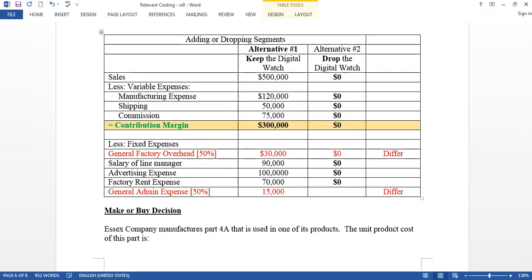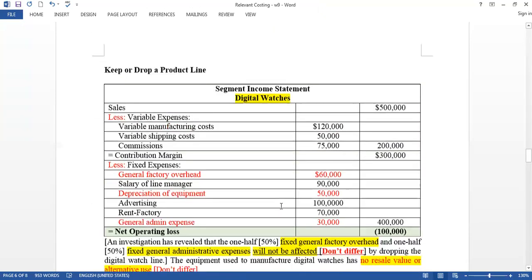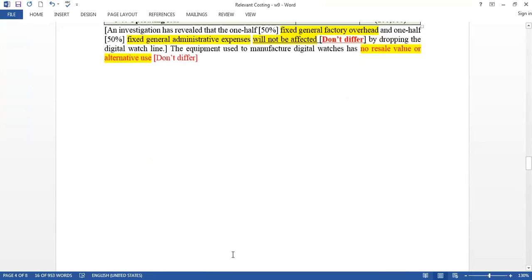It should be 0. So now we find that there is a difference, right? Because all are 0 and here there is a number. Now again, what is our formula? Our formula is we are going to compare this, which one is higher and which one is lower.